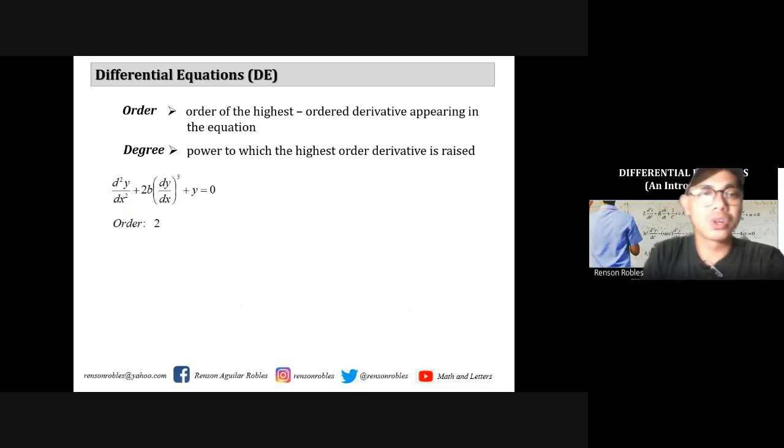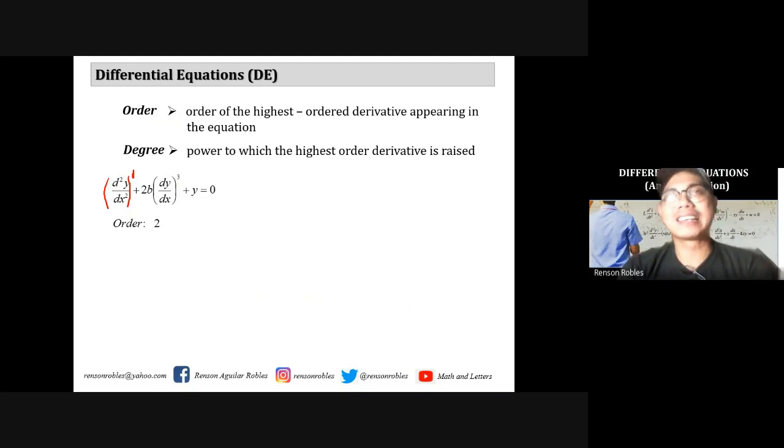The second derivative is raised to the first power, and the first derivative is raised to the third power. Although the exponent 3 is larger than 1, based on our definition the degree is the power to which the highest order derivative is raised. We say that the degree is equal to 1, not 3.